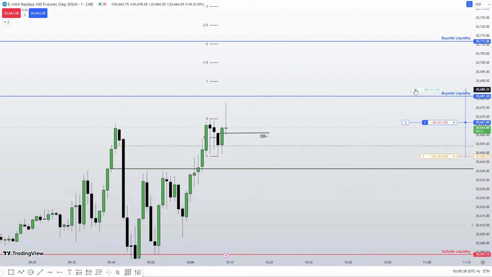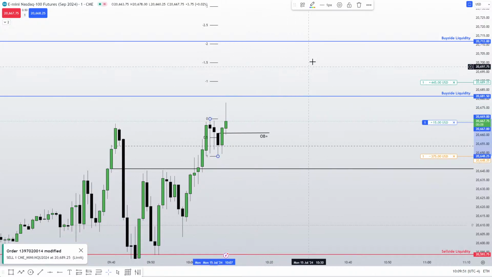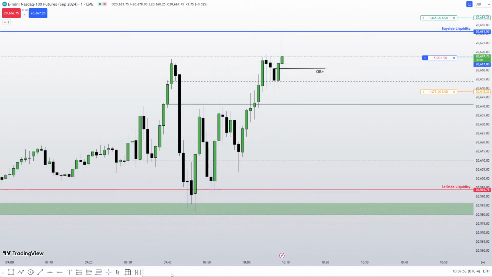Okay, -1 is possible. Or we can mark from the manipulation leg.